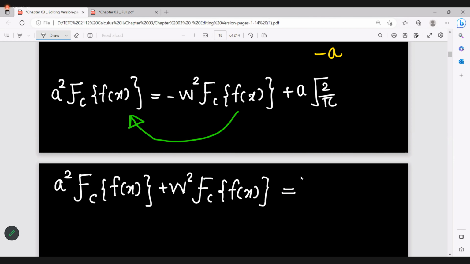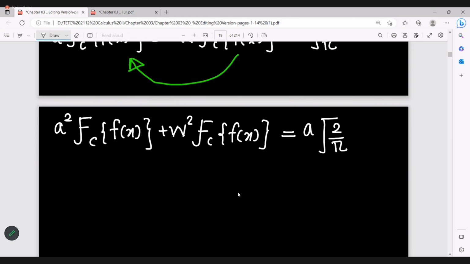And what is the remaining thing in the right hand side? A times square root of 2 over 5. So here we can see that this Fourier cosine transform of f of x term is common. So we need to take the common factors out. So what is the remaining?